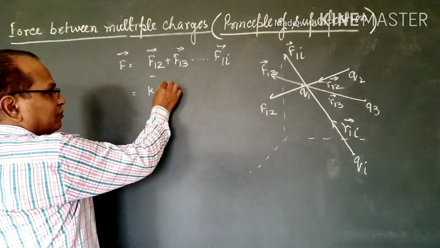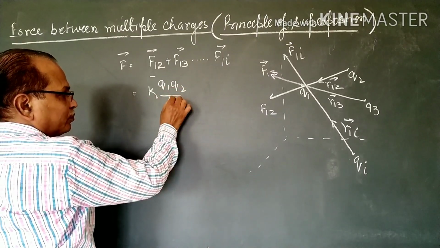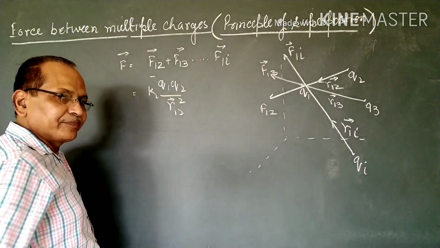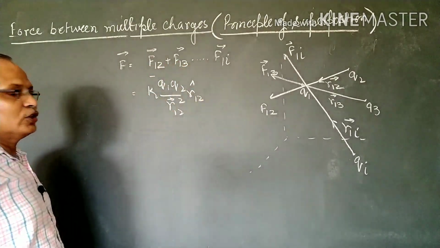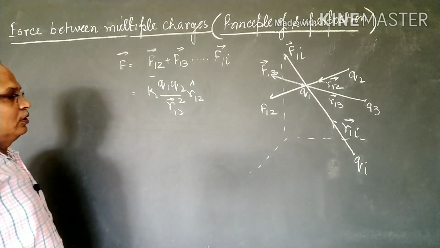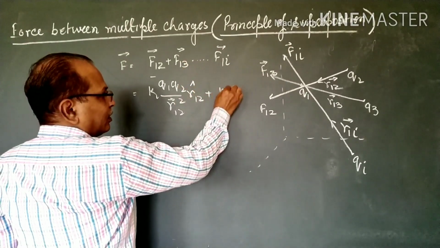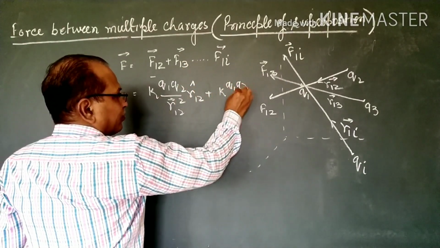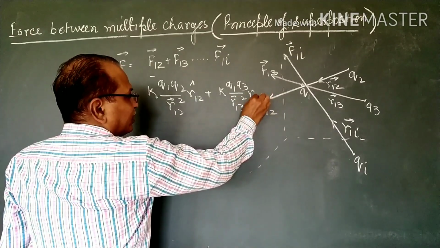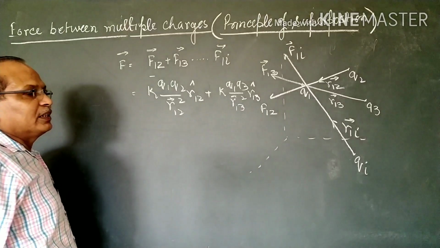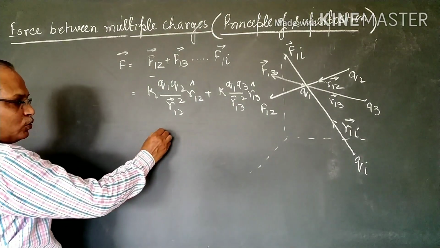So, this will be represented as Q1 Q2 upon R12 square, and this is the unit vector in the direction of F12, plus F13, K Q1 Q3 upon R13 square, and R13 unit vector will be in the direction of F13 and so on.